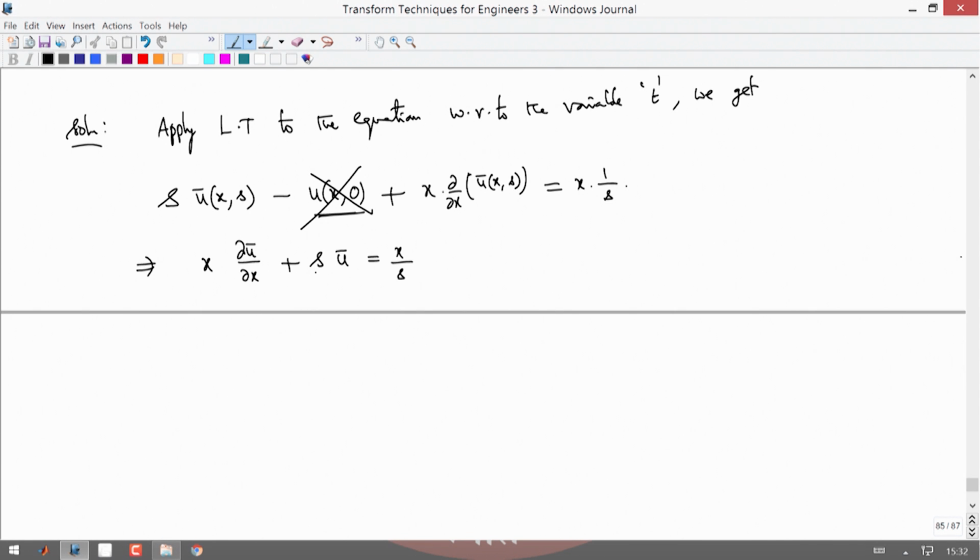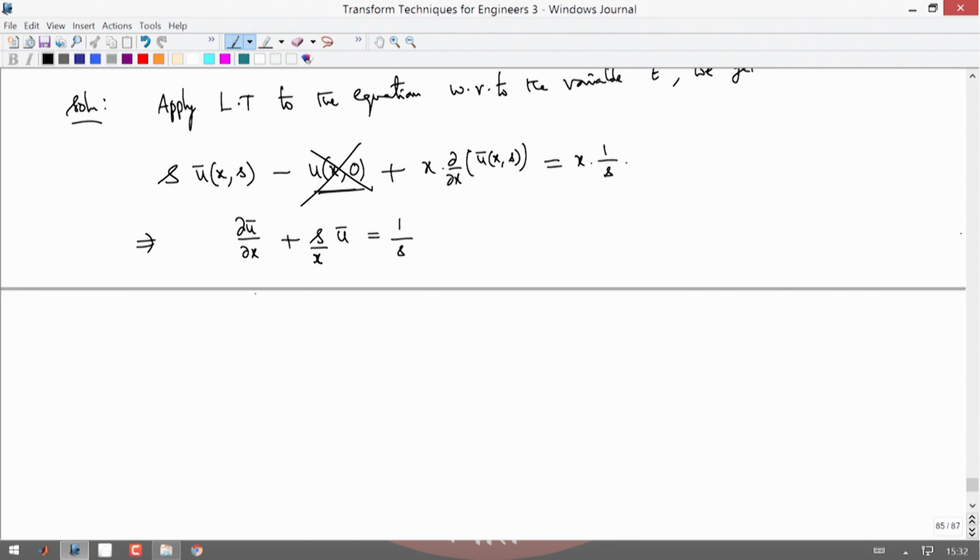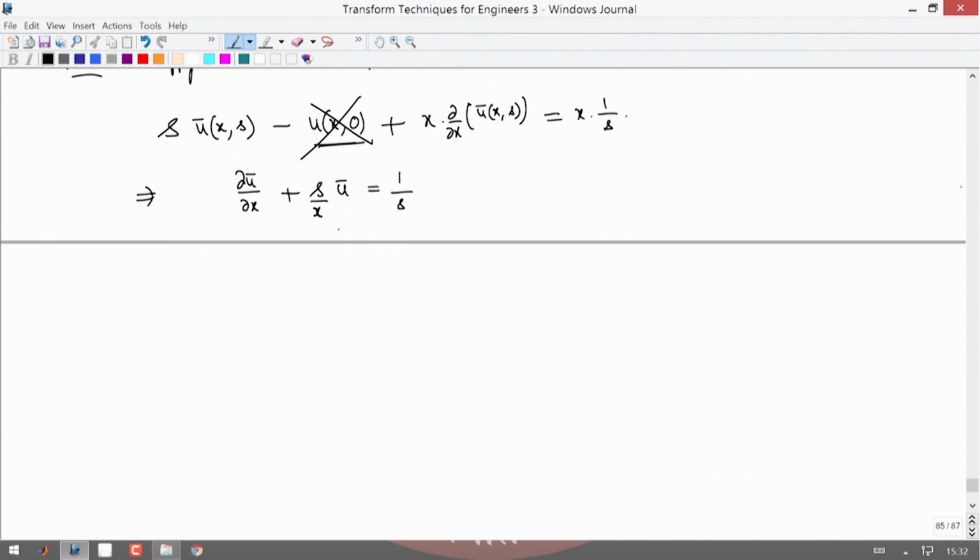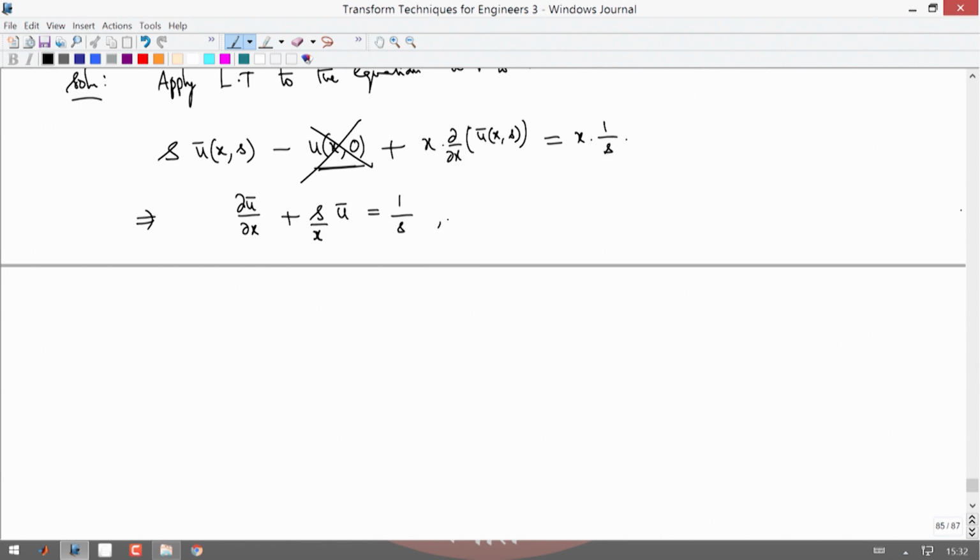If you divide by x, this is simply 1 by s. This is an ordinary differential equation, a linear equation with respect to x. If you look at it, s is simply some constant. So, you are working with respect to x, right. x positive is the domain of this ODE.